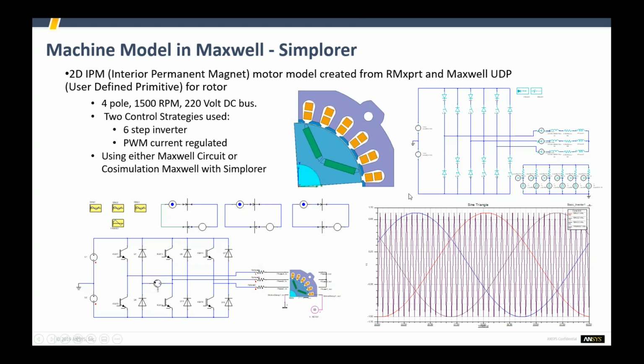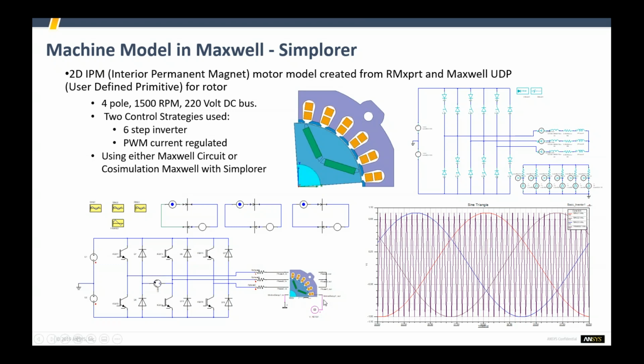The machine. In the center we have a 2D model of the machine. Right next to it on the right is the external circuit in Maxwell. As you can see on the left, there's a bunch of step inverters, and then the machine, I believe, is represented on the right. And then on the lower left, we have an external circuit schematic in Simplorer.